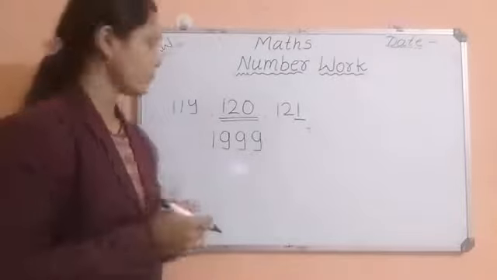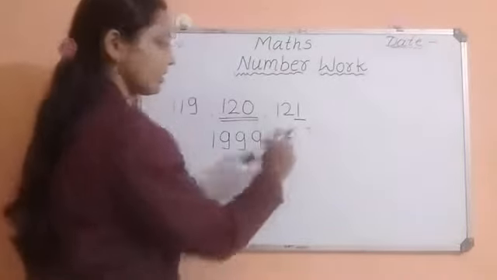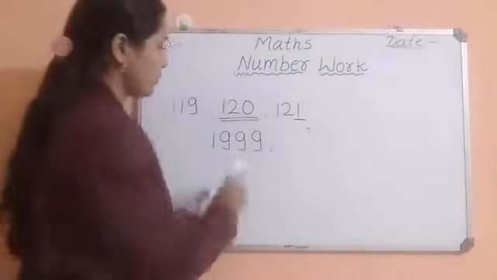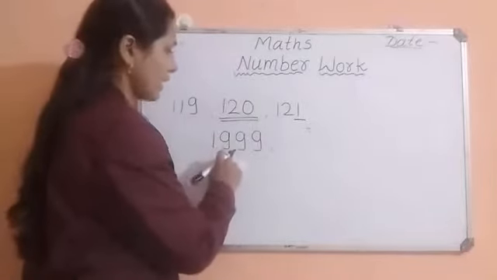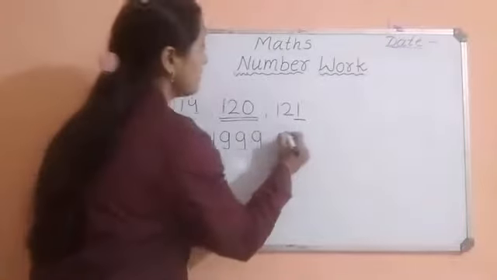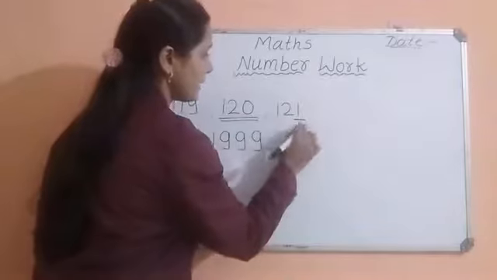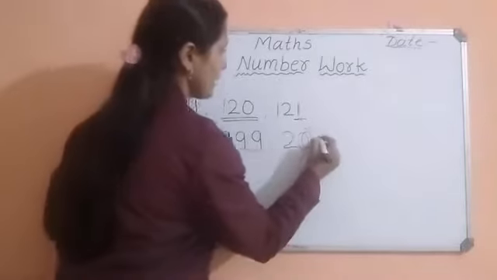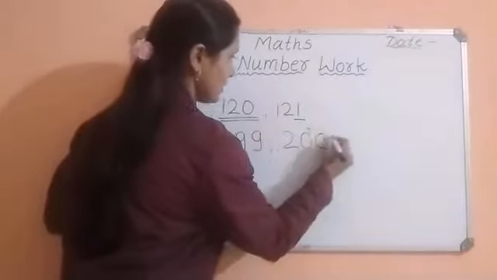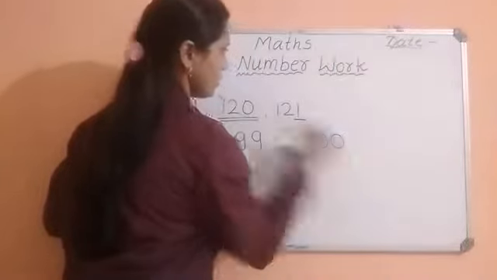Like this, if we have to write the number just before and after 1999, the number just after 1999 is 2000.